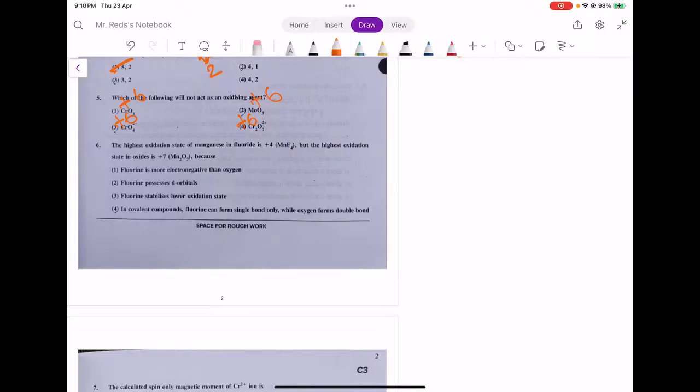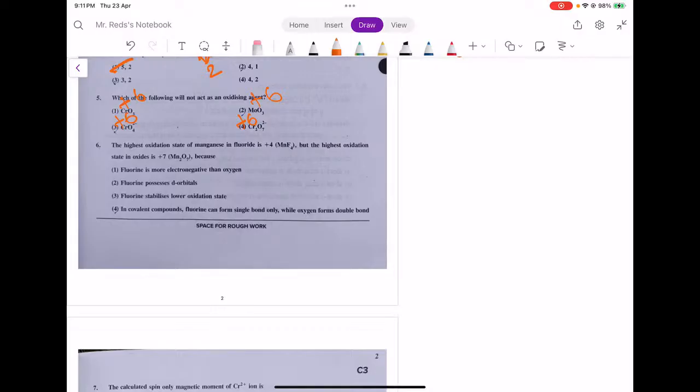But students, three compounds belong to chromium compounds. In option 2, the central atom is molybdenum. Chromium and molybdenum both belong to the same group. Which group, students?